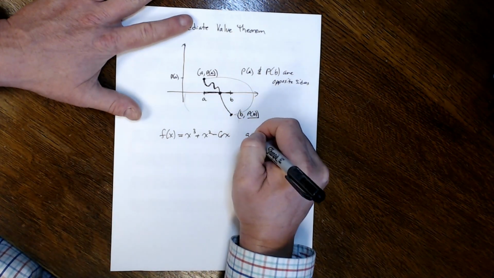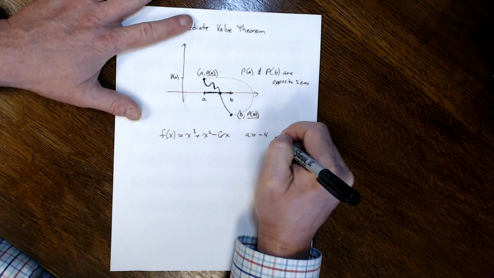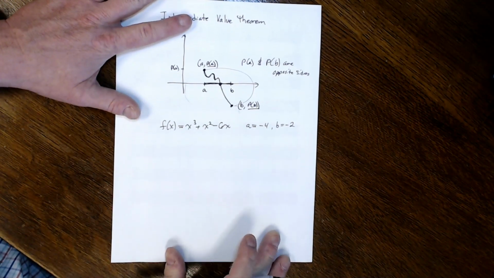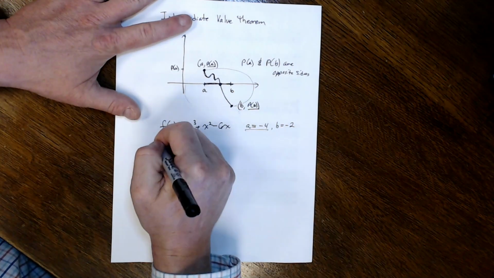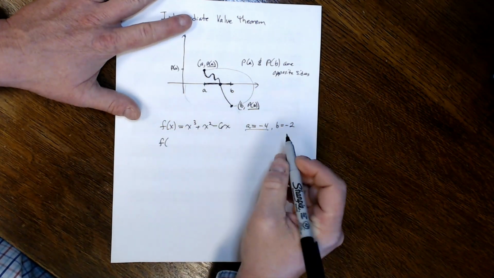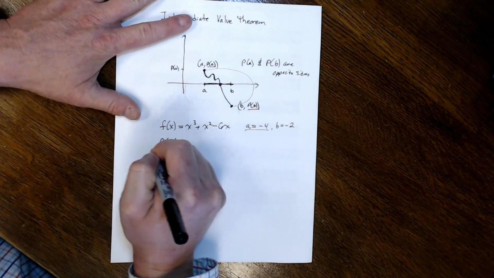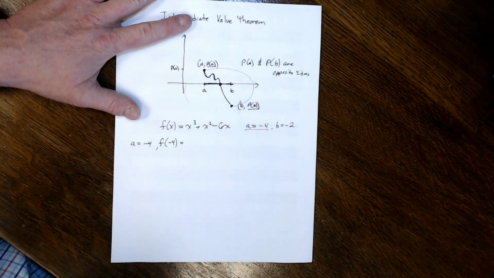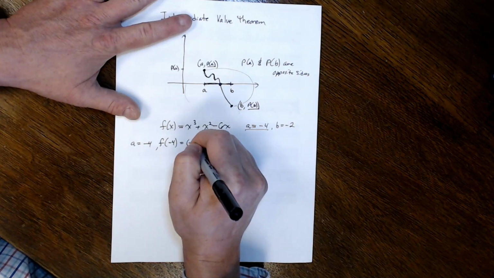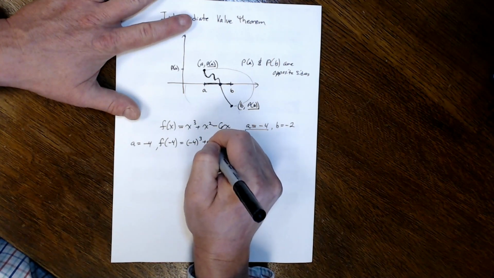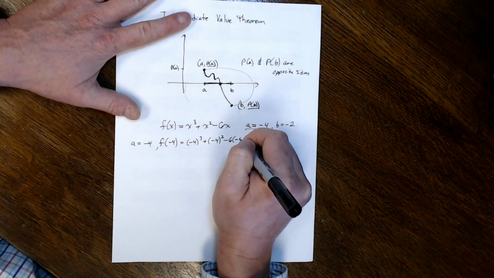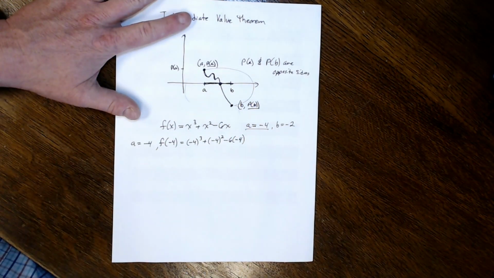And let's say that a is equal to minus 4 and b is equal to minus 2. So let's check a first. We're going to check f of minus 4, for when a equals minus 4. So we're going to put minus 4 into my equation. Minus 4 to the third plus minus 4 squared minus 6 times minus 4 is going to give me my answer.